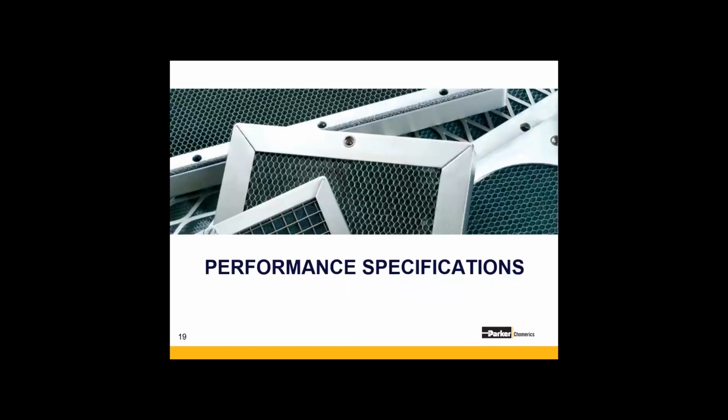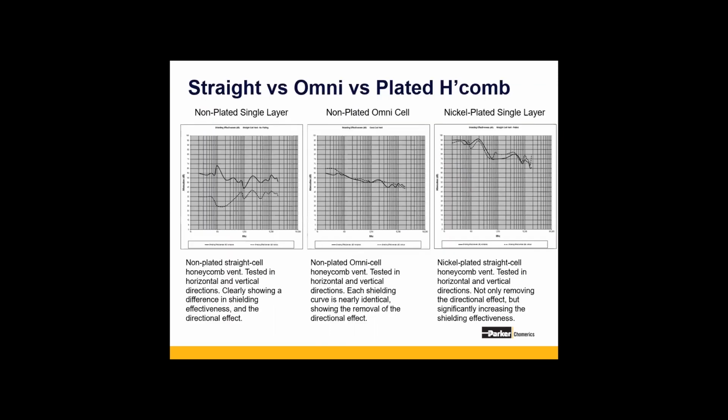One of the things we wanted to talk through are some of the performance metrics of air vent panels. So as I mentioned earlier, in talking about the directionality and the polarization principle, what we have here are a couple different shielding effectiveness curves from single layer non-plated honeycomb, a non-plated omnicell or double layer design, and then a nickel plated single layer design.